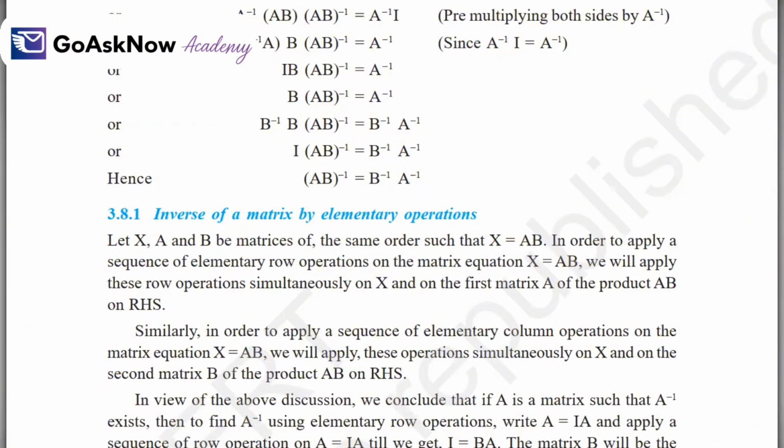Let X, A and B be matrices of the same order such that X is equal to AB.